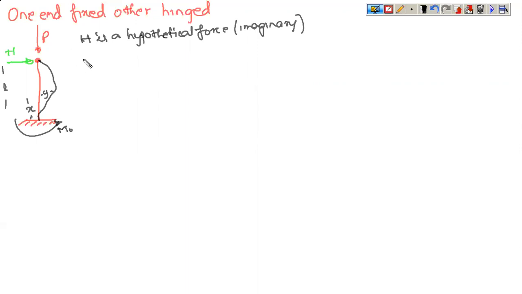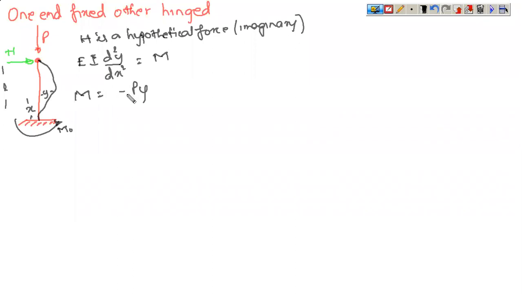So, again, let us write down the basic deflection equation which is used for buckling. EI d2y by dx2 is equal to m. Here m is equal to minus py at any distance x. If you are finding out the moment, this is minus py. Why is it minus?